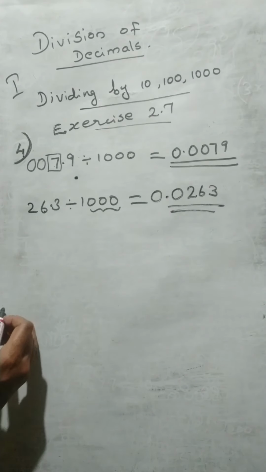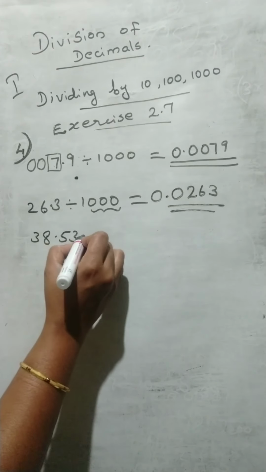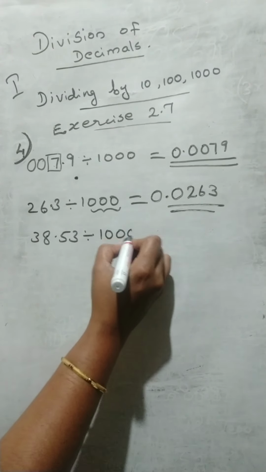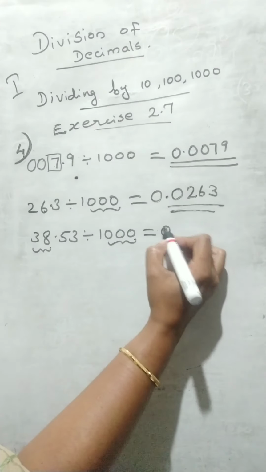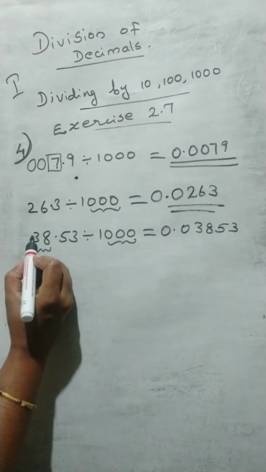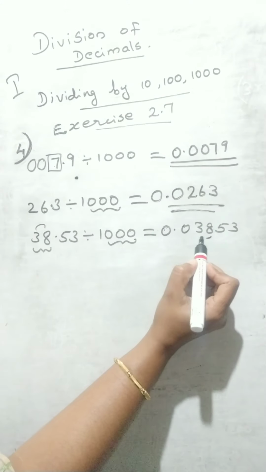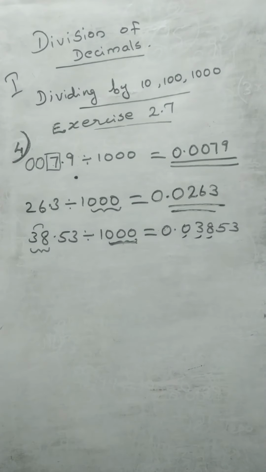Then the next one is 38.53 divided by 1000. So 3 zeros but only 2 digits. So 0.03853. That means 3, 8, 5, 3 and 0. Then 3 zeros also are here.